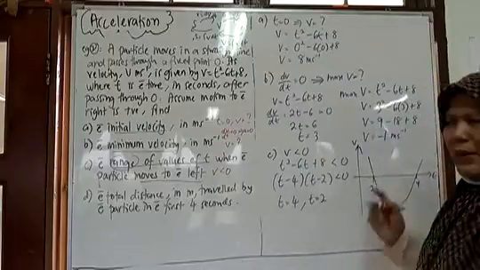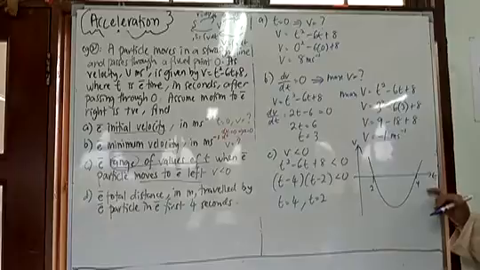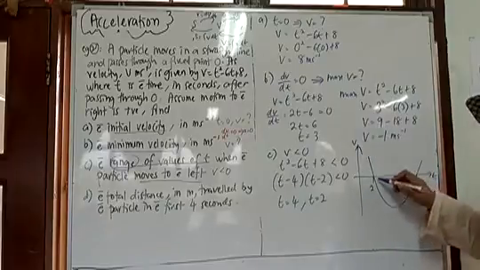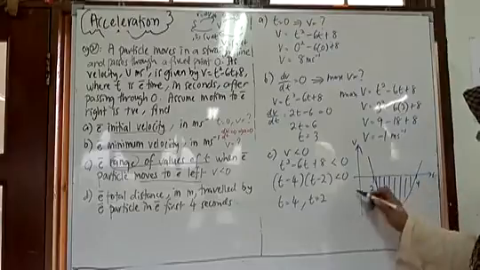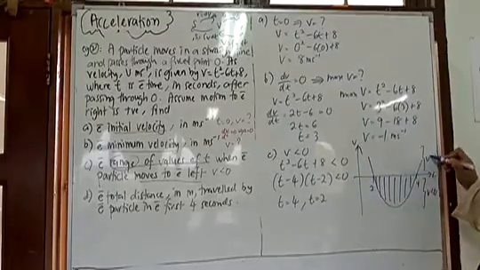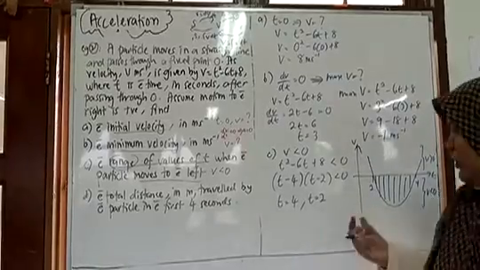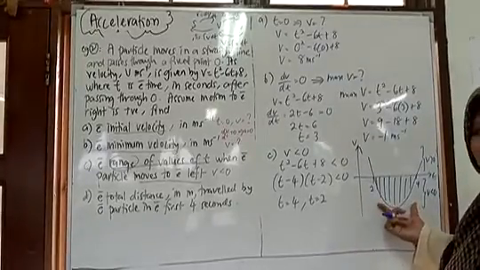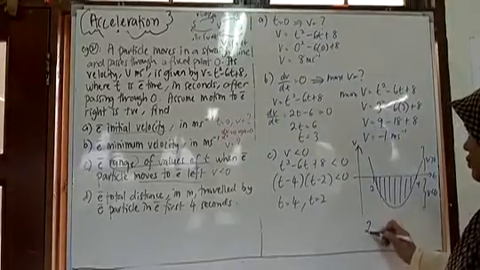In which part is v negative? Of course, under the t axis. So this is where v is less than 0, and this is where v is greater than 0. So what is our range of time? This is our range of time when v is less than 0: 2 < t < 4.